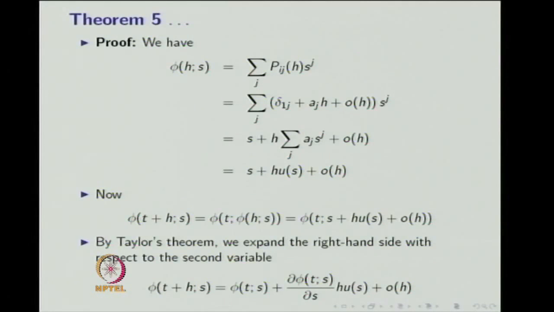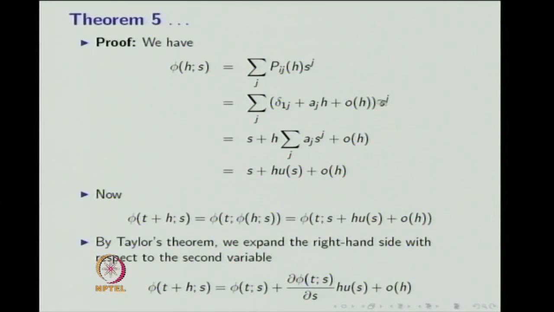Let us see the proof. We start with psi(h, s), that is nothing but the summation over j of P(i, j)(h) s^j. Substitute P_ij(h) and simplify.